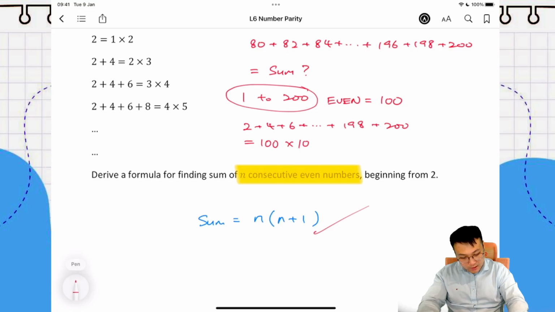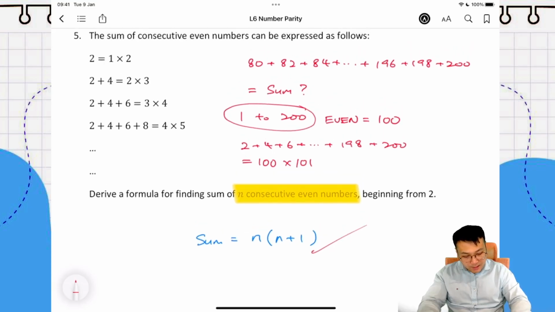So it's 100 times 101. Now you have found the sum of all the numbers from 2 to 200. But am I starting from 2 in my question here? Am I starting from the number 2? No. So how am I going to find the answer from 80 to 200?